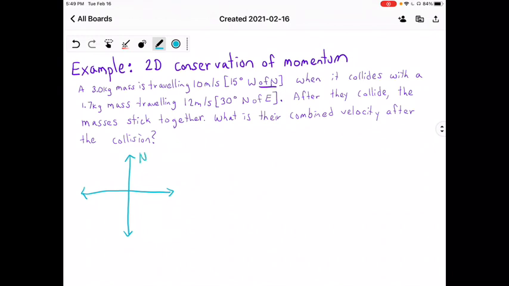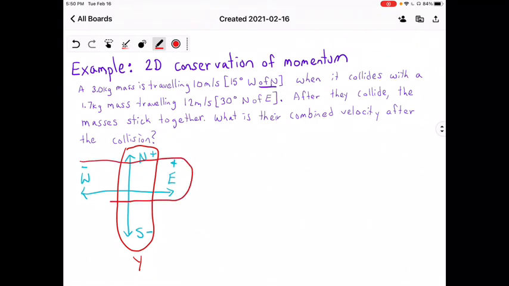For momentum, we'll mostly use north, south, east, and west, where north is a positive direction, south is a negative direction, east is a positive direction, and west is a negative direction. North and south are considered y directions, and west and east are considered x directions.